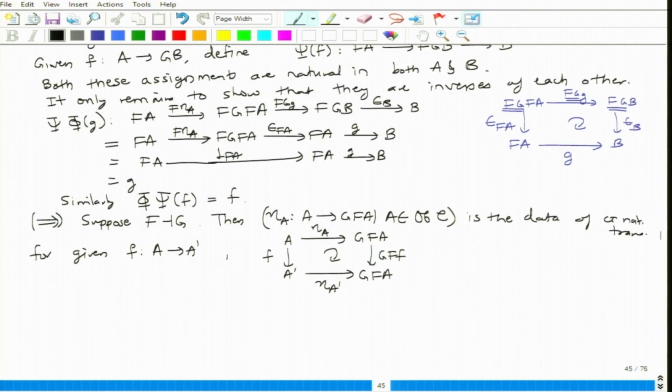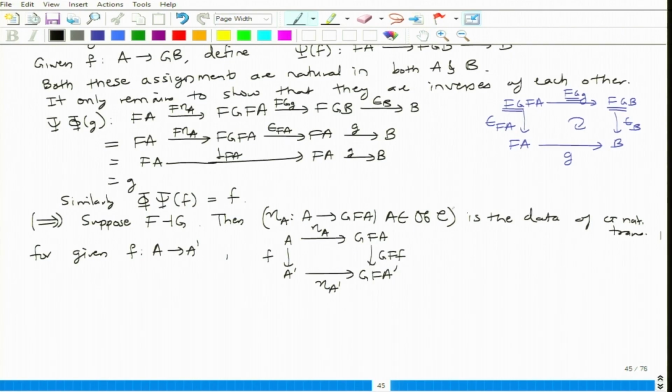We are supposed to look at both the ways to reach from A to GFA prime. The first one is eta A followed by GFf, and the second one is f followed by eta A prime. These are both ways.